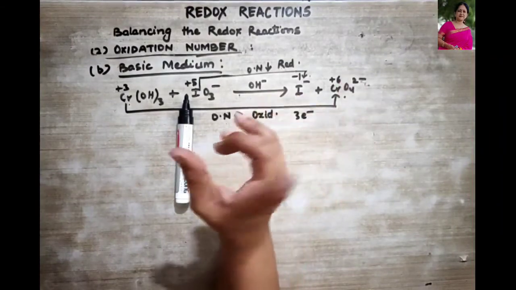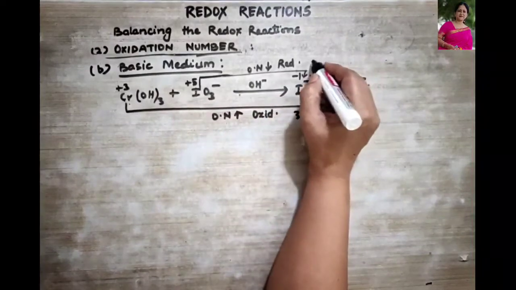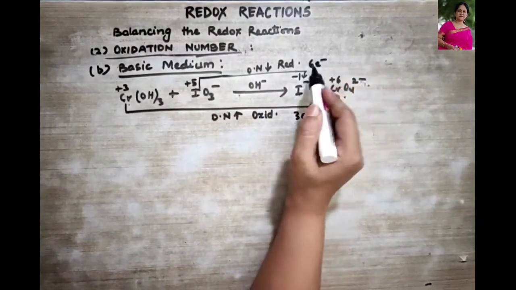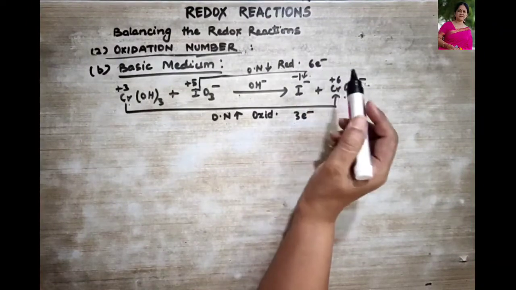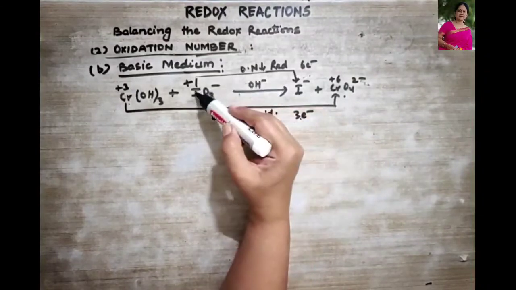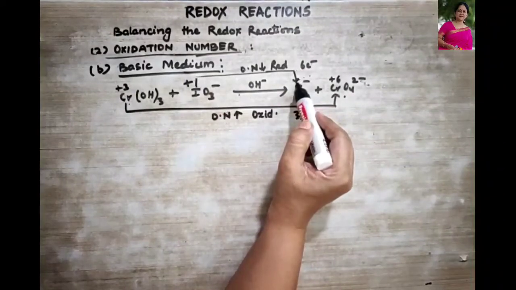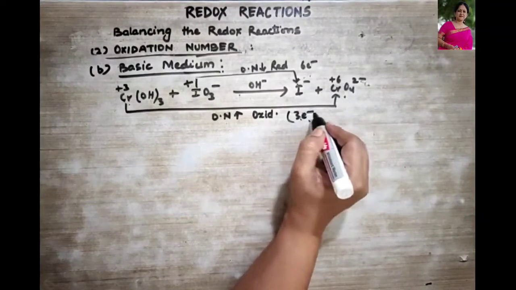So how many electrons? 6 electrons. Clear? So over here 6 electrons are being accepted. I hope this point is very clear to you. So now balance the electrons. When over here 6 electrons are being accepted, how many electrons should be given out? 6. So what are we going to do with this?